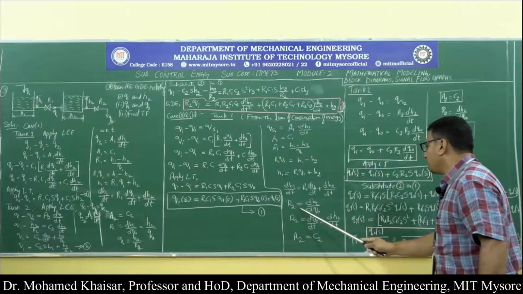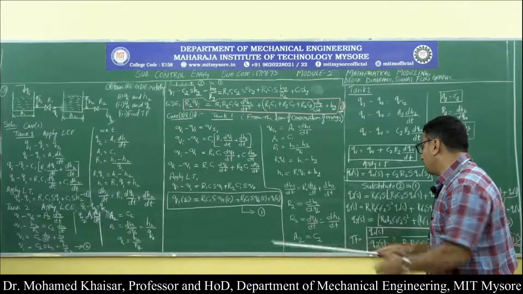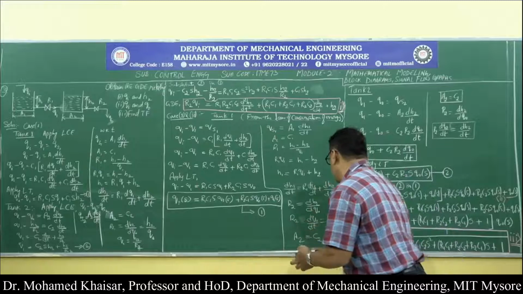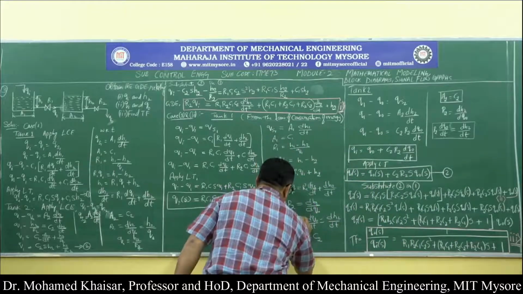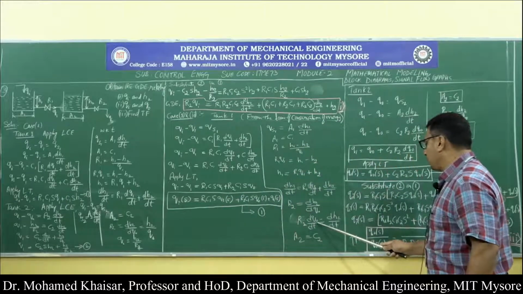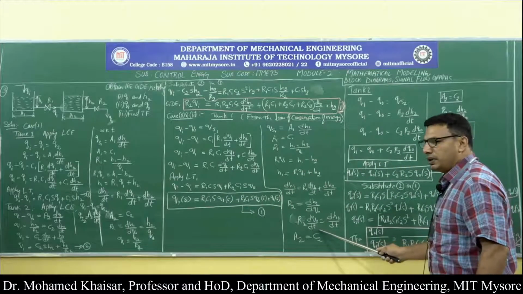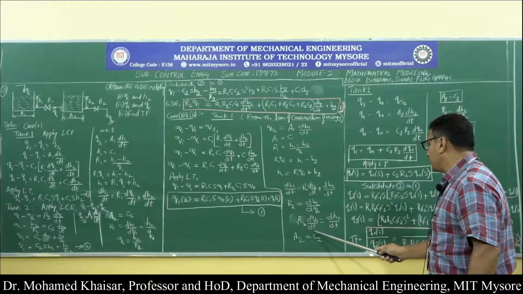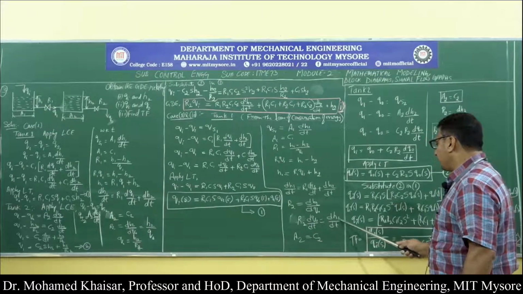Now, if you just cross multiply, you will get R2 dQ0 is equal to dH2. You will get R2 dQ0 by dt as the replacement for dH2 by dt.